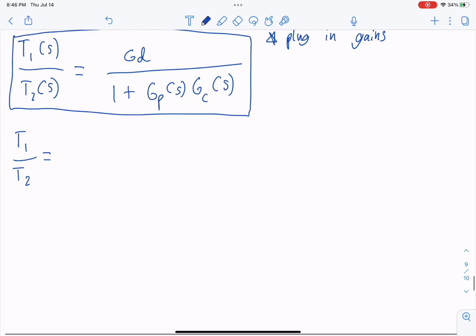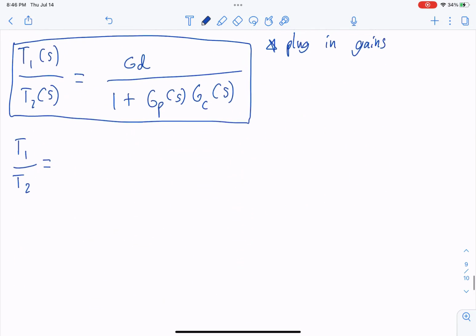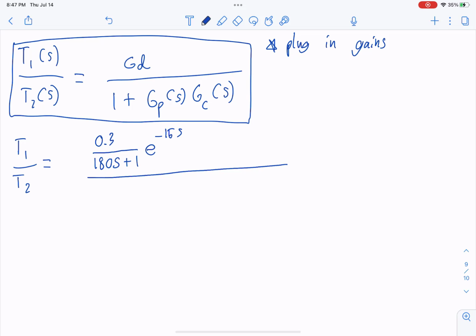Actually, I remember them. We'll just write them out. GD is 0.3 over 180S plus 1, e to the negative 15s. Working with these constants all day, it comes in handy.